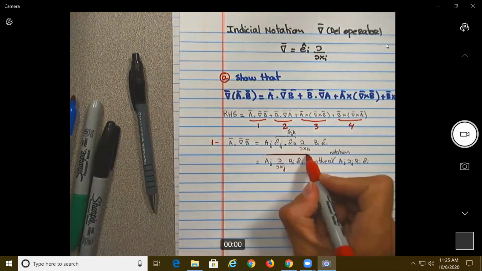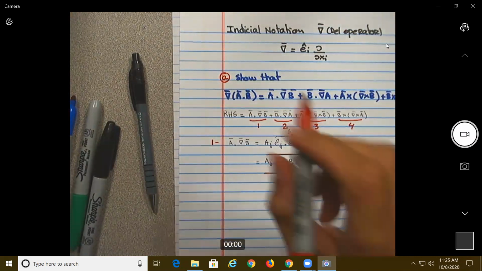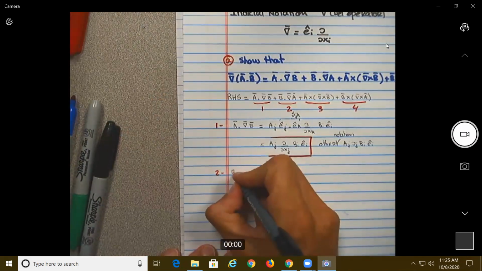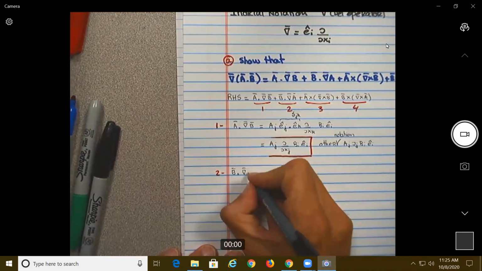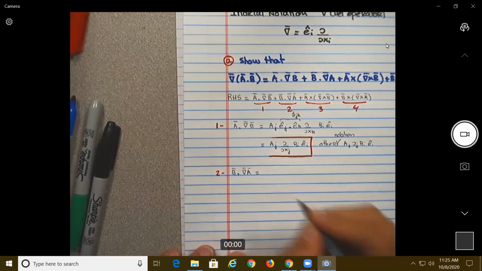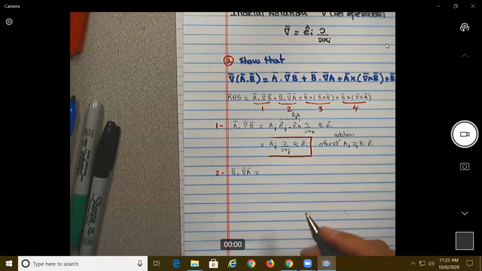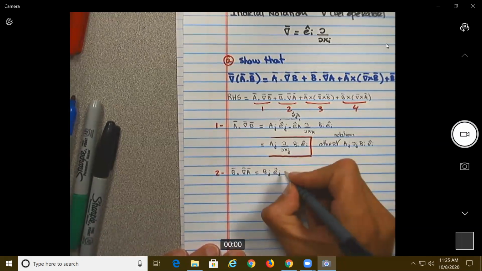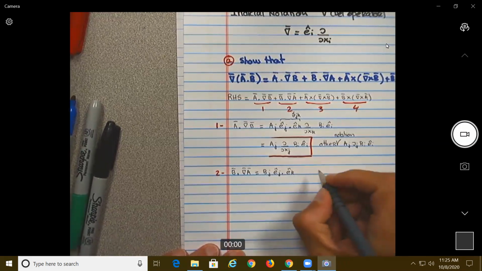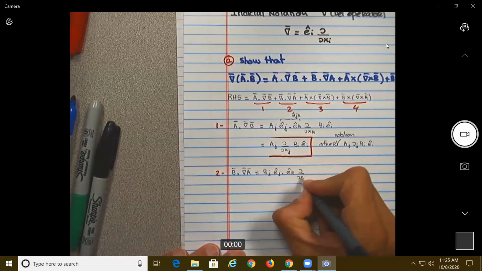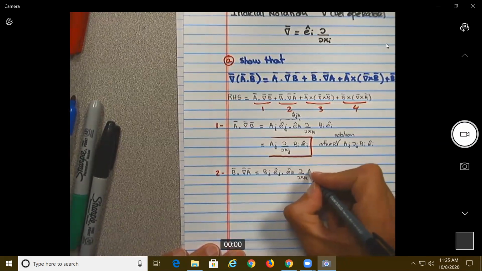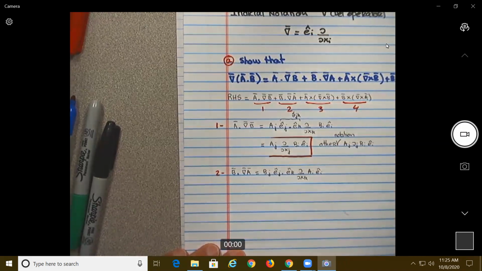So our first term, we have the first expression here. Now we go to the second term, which is kind of similar: B dot del A. We follow exactly the same thing. This will be B sub j e sub j dot e sub k partial of x sub k, and then A sub i e sub i.